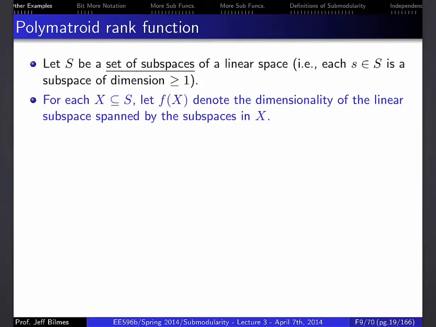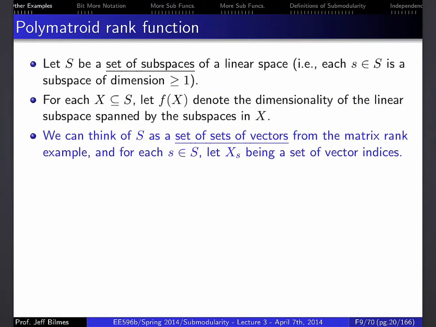Okay. So what this means and how we can think of this in some sense is that each lowercase element s corresponds to a set of columns of some matrix. Like, for example, before when we saw the matrix rank function, each element of the set corresponded to one column, but now we're allowing each element to correspond to multiple columns.